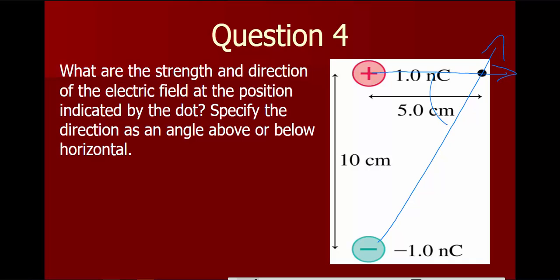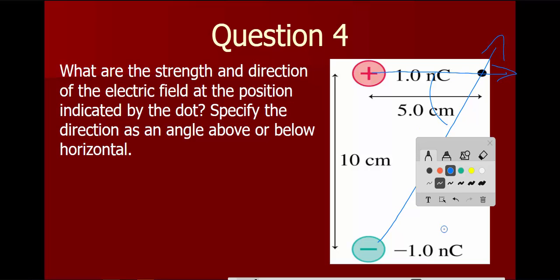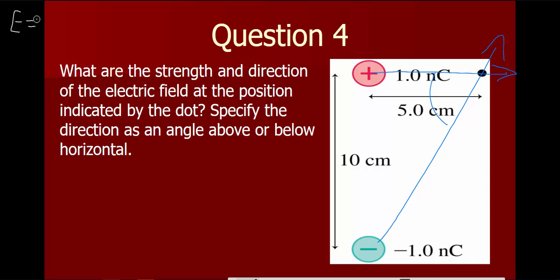Do you want me to go through all of this? Okay. So, well, we start with our electric field calculation. I guess I'll stick to red and blue here. So for the top one, we just do E equals k q over r squared, so it'll be 9 times 10 to the 9th, right?